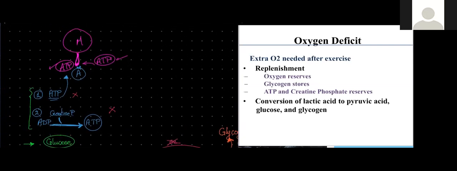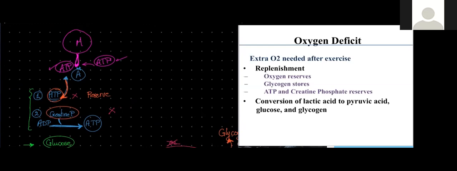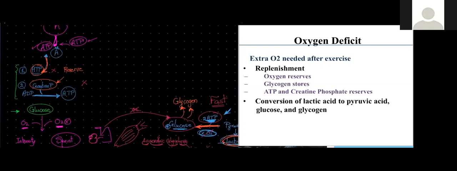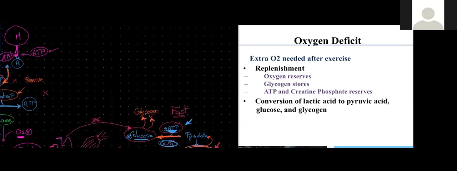You did consume ATPs, you need to form other ATPs to maintain the same reserve of ATP. You need to reform the creatine phosphate that was kept in your cells. All this is going to be requiring oxygen. So the extra oxygen that you're going to need after exercise is what we call the oxygen deficit.